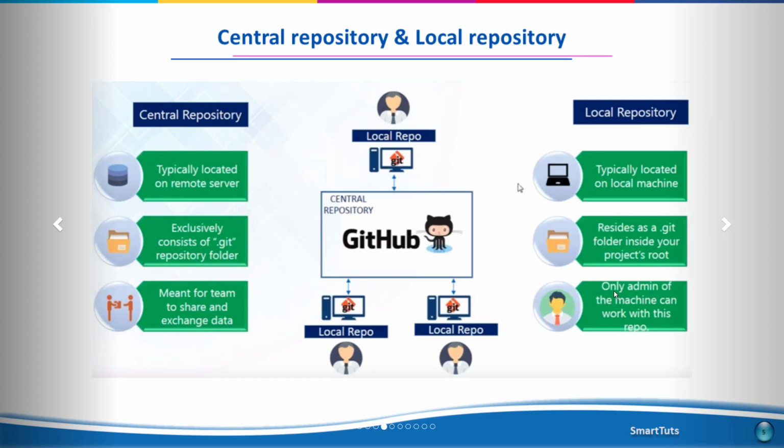The local repository always stays with you, and you, as the root admin, can work with it, but a number of developers can work with the central repository. So in collaborative work, we first maintain our local repository, then we push our code to the central repository so that the next developer can be helped. We can work collaboratively.